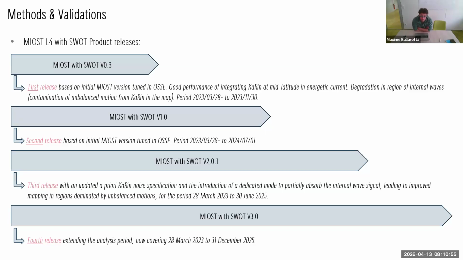We also introduced a dedicated mode in the MIOST system to partially absorb this incoherent internal tide signal. These two approaches led to improvement in this region where unbalanced motion and contamination of incoherent internal tide polluted the level 4 product.